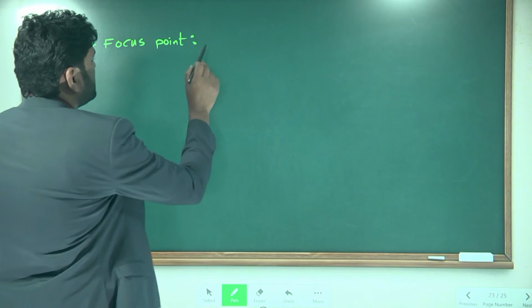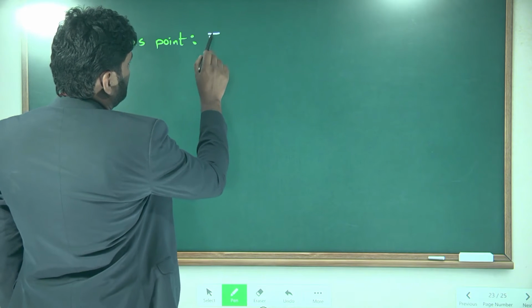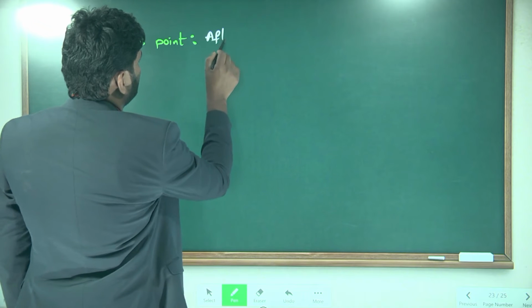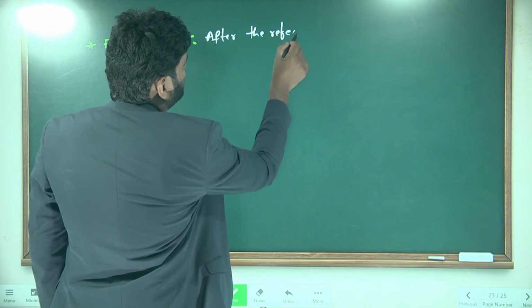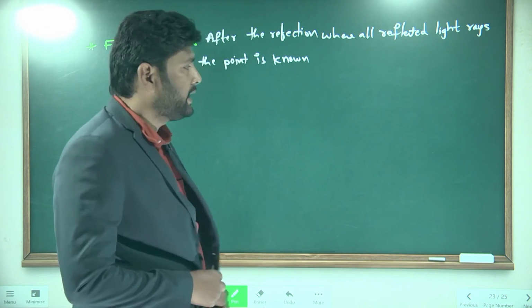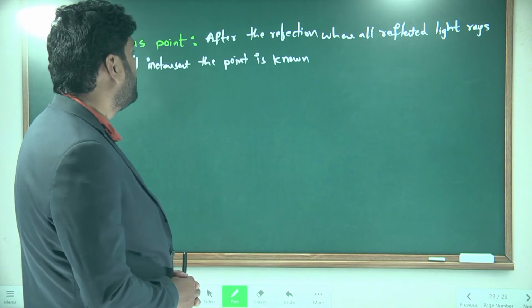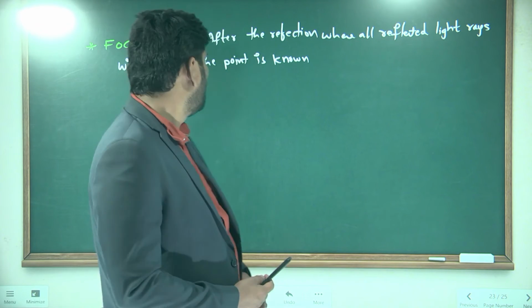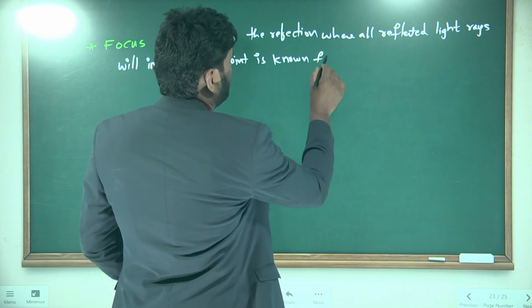When light rays after the reflection, so now I am talking about focus point. What is meant by focus point? After the reflection, where all reflected light rays will intersect, the point is known as focus point.